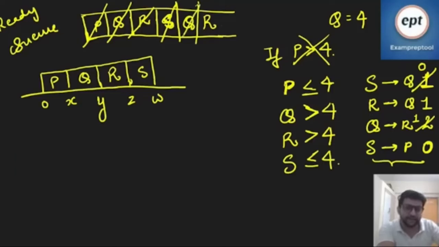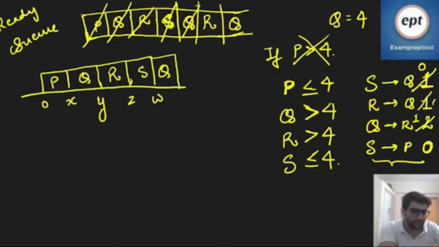Hence, this process Q will again be pushed to the ready queue, right? So we know that this process will be executed again and it will be pushed to the ready queue again. Why? Because of this context switch. So let's make it 0 and let's make this A, right?